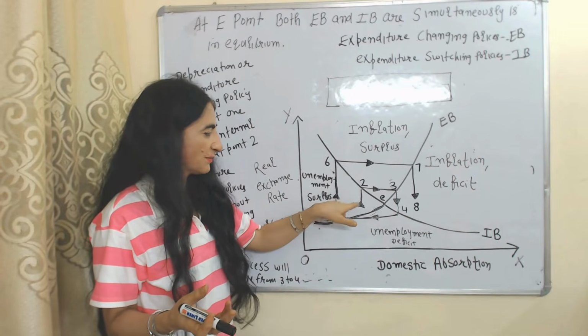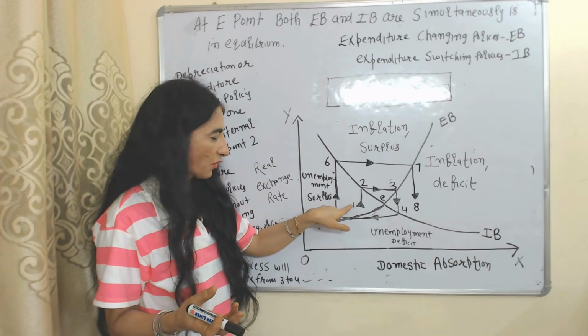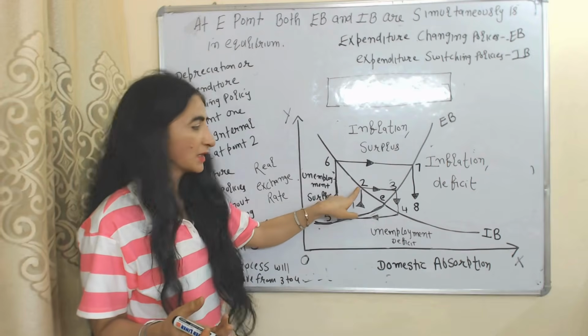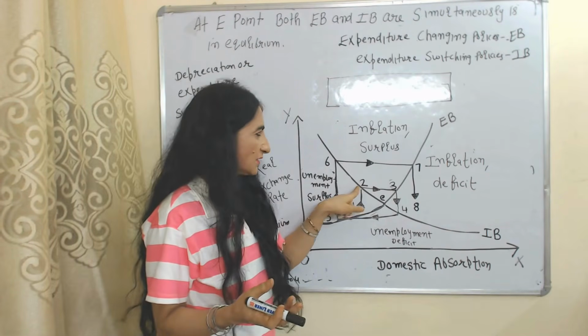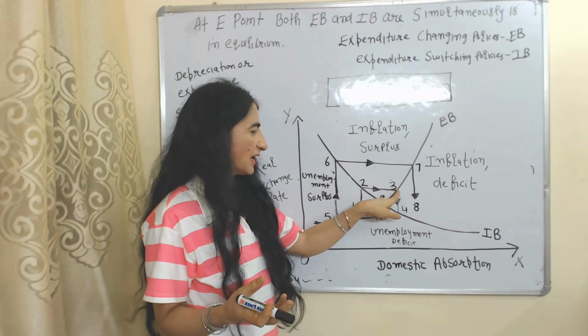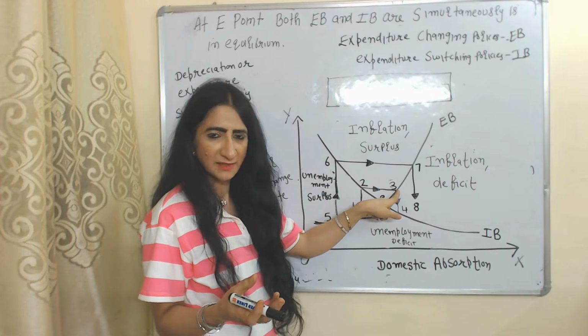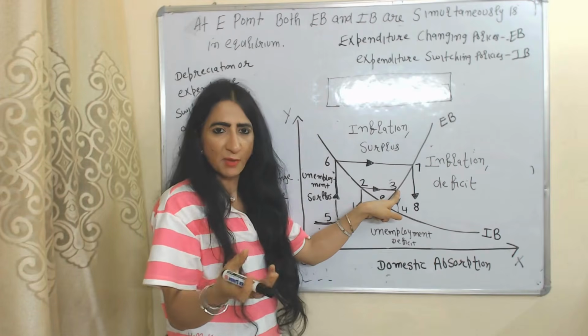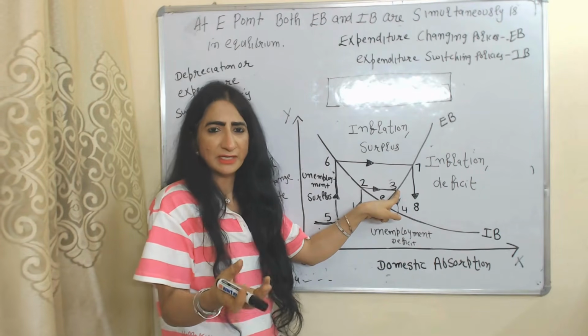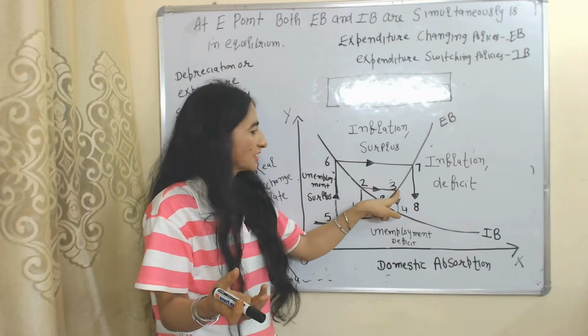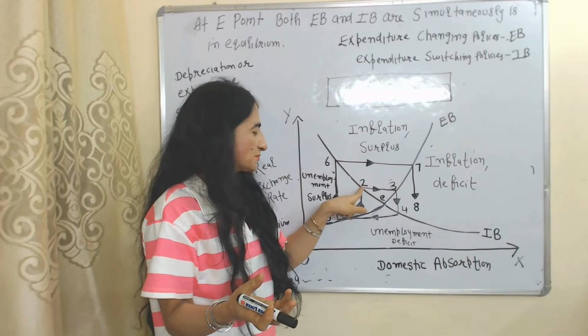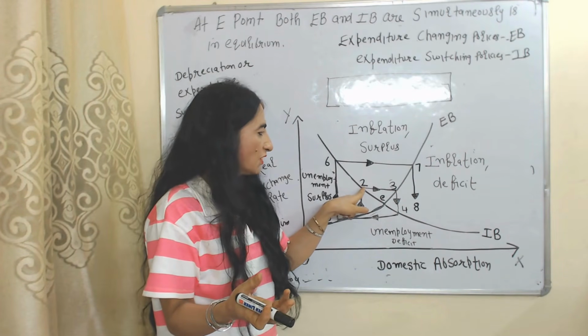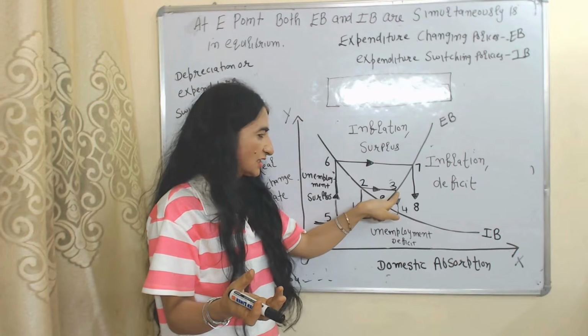So with the depreciation, country will move from point 1 to 2. In order to achieve external equilibrium at this point 3, a country will adopt expenditure changing policies like fiscal policy, or we can say the government spending.